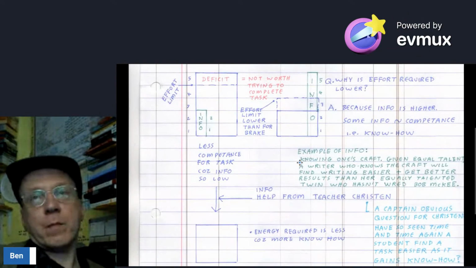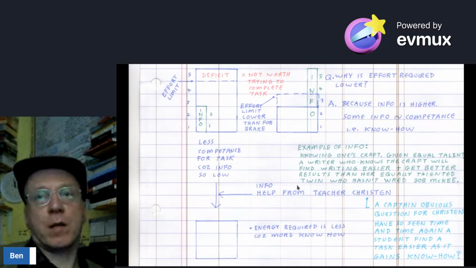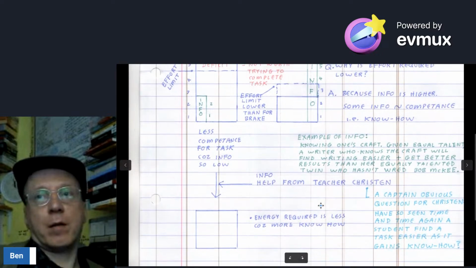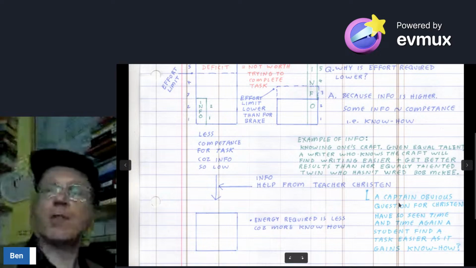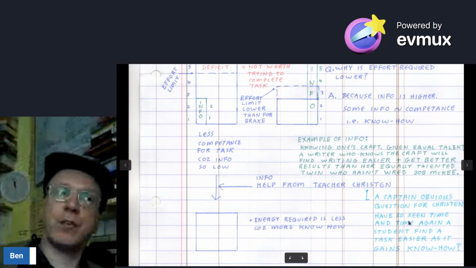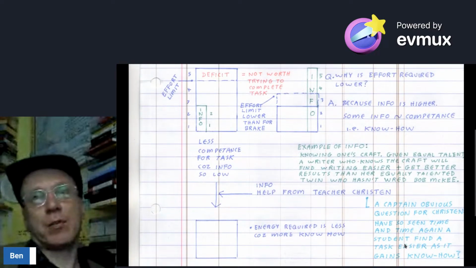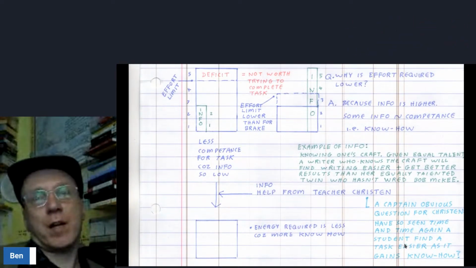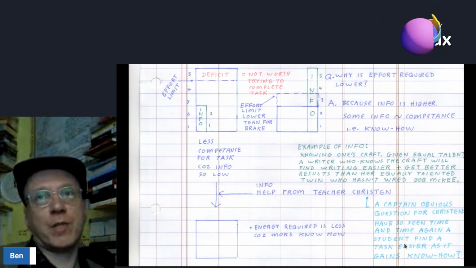Know all the step-by-step instructions. Right. I mean, obviously, as the student knows how to do something, the student's going to pick it up because of know-how. So why, in a model, not realize that information can change the amount of energy required, or shall we say, effort required for the task?